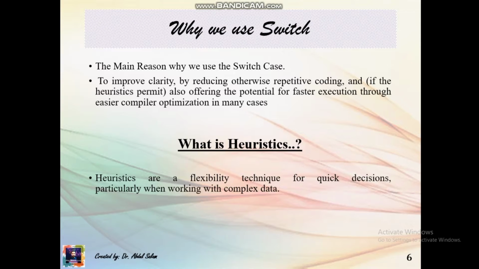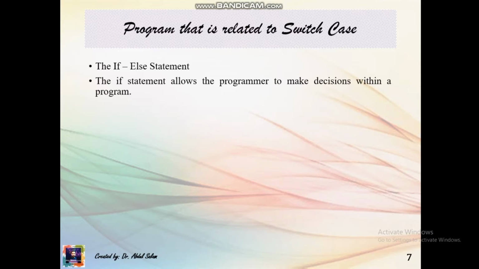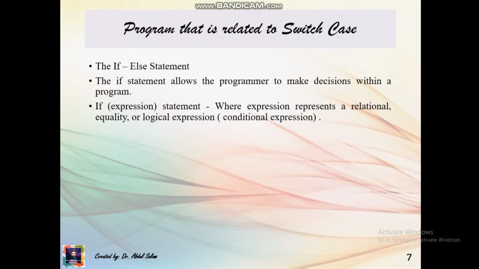Heuristics are a flexible technique for quick decisions, particularly when working with complex data. Program that is related to switch cases: the if-else statement. The if-else statement allows the programmer to make decisions within a program. If expression statement, where expression represents a relational, equality or logical expression, a conditional expression.